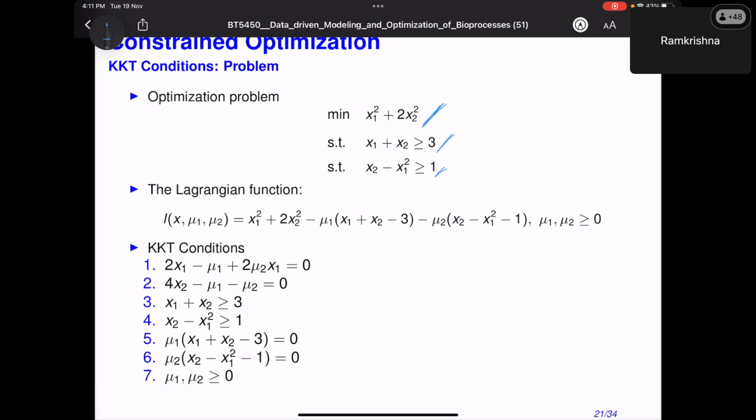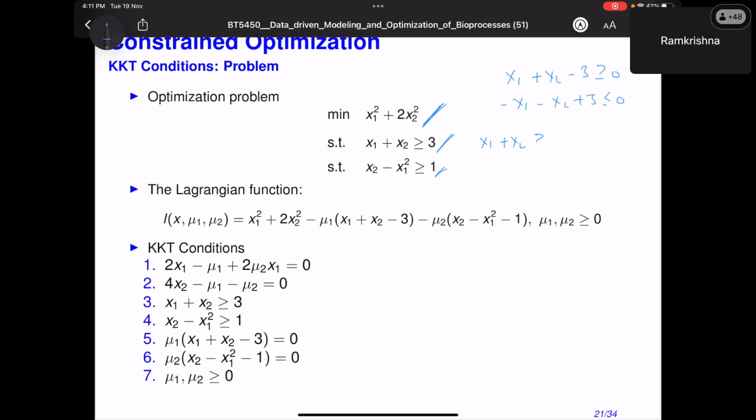So I can write these conditions as inequality conditions, like let's say x1 plus x2 minus 3 greater than or equal to 0, or also minus x1 minus x2 plus 3 is less than or equal to 0.